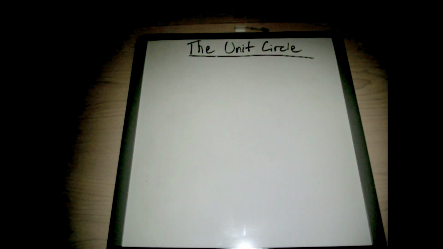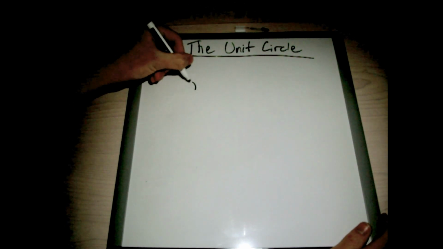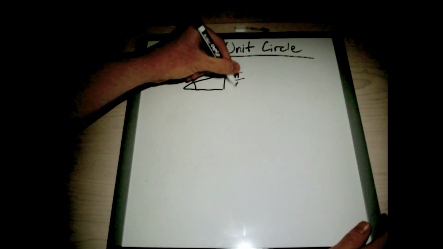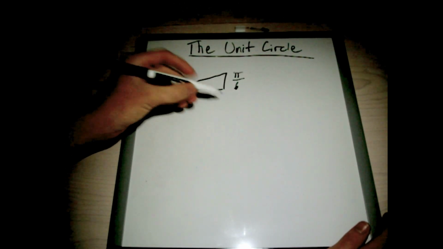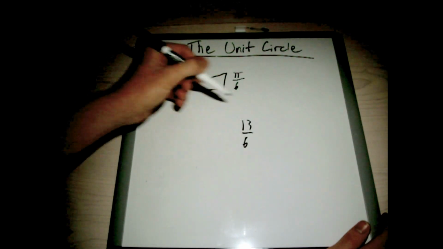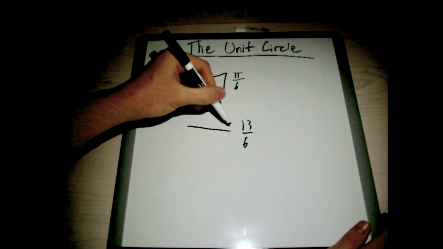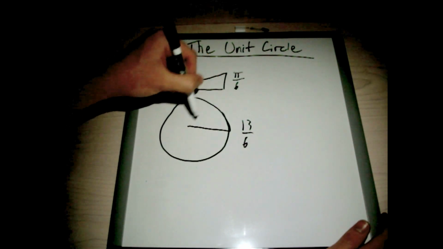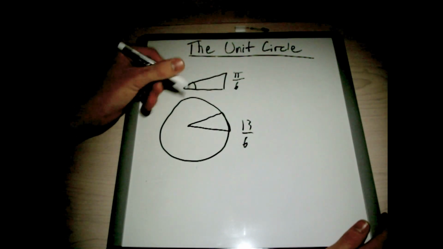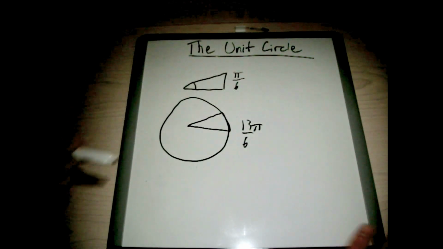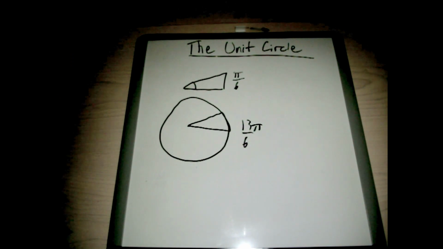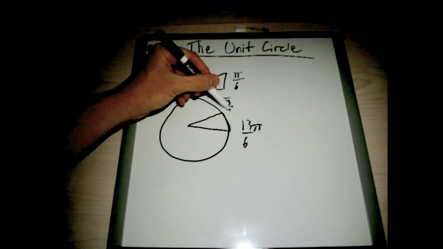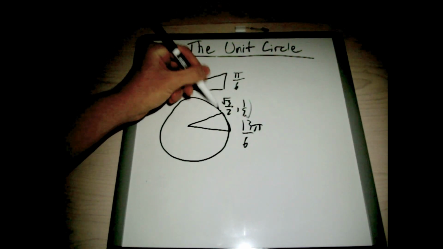So say you had pi over 6 as one angle, and then you had 13 pi over 6 as the next. So that would be an entire revolution around the unit circle. So it's a different angle, but you're still going to have the same coordinate. It's still going to be square root of 3 over 2 and 1/2. So that's all that means.